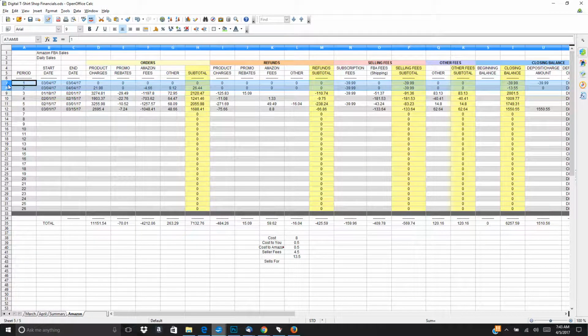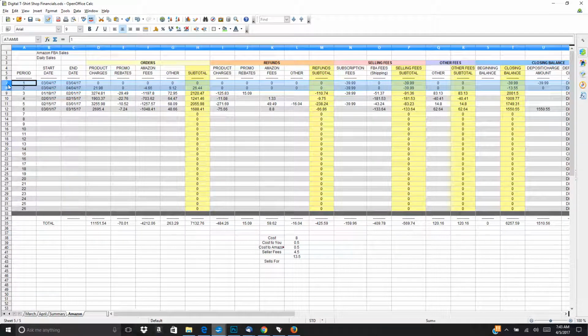So if I'm selling a t-shirt for $10, they should be closer to $2 in fees that I'm actually paying Amazon. So that's kind of how that all breaks down. And that gives you an idea of how I track this.